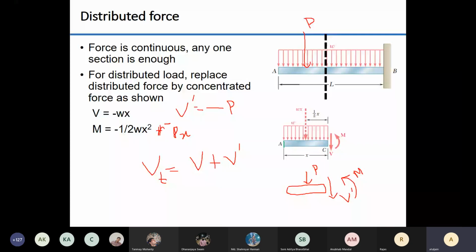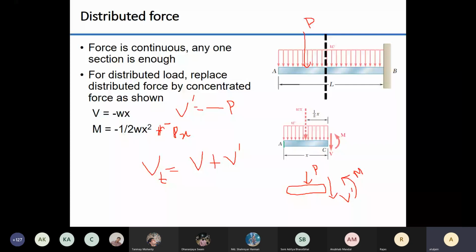So the point I'm trying to make is, when we are dealing with beams, we are assuming everything to be linear. The material behavior is linear. The load application is very gradual. Everything is linear, so the principle of superposition is true. To master this topic, my suggestion is that first try to master how to draw the bending moment and shear force diagram individually for three cases.